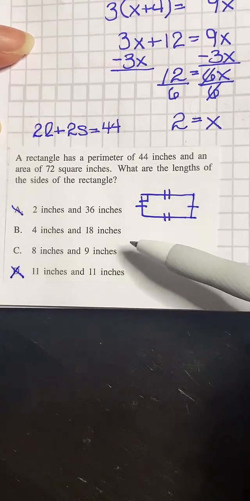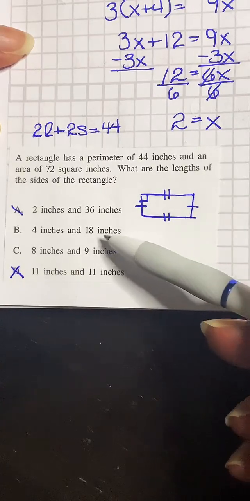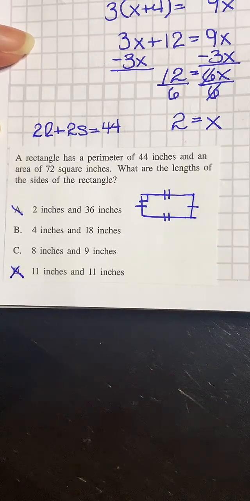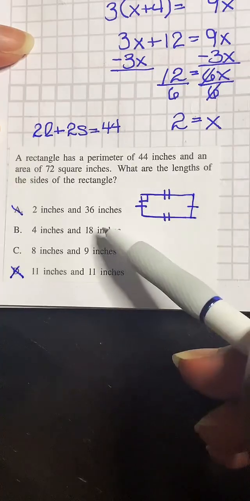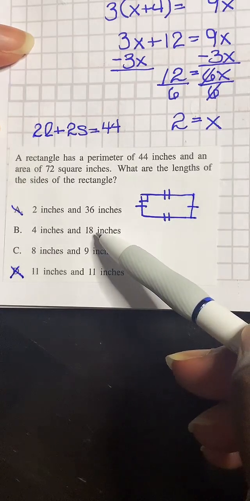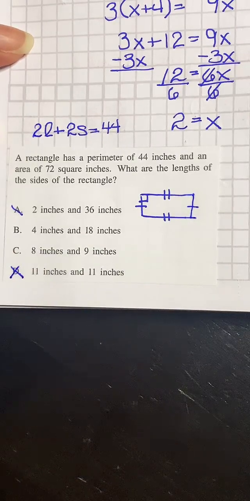Now, if we go with the 18 by 2, that's going to give me 36. So there's some promise. But if I do 4 times 2, that would give me 8.